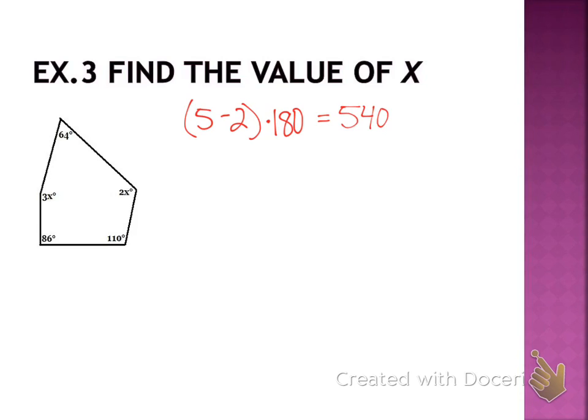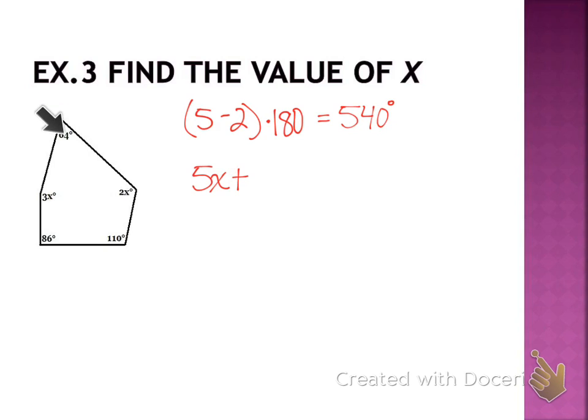540 degrees altogether. So we know that if we add all of these angles up, it should equal 540. I'm fine with you combining like terms as you go on this one. Okay, if I take 3x, what should I be combining with that one? 2x. So 3x plus 2x is 5x.